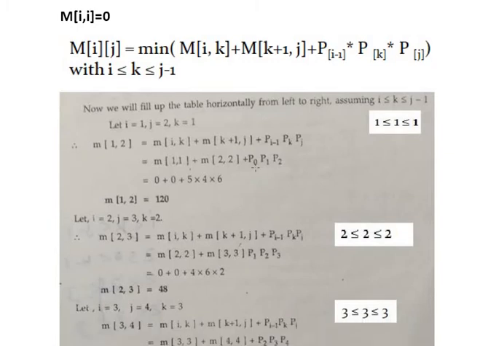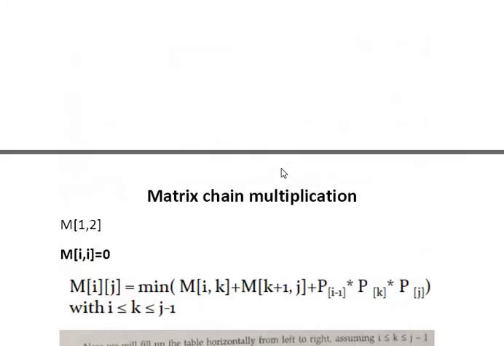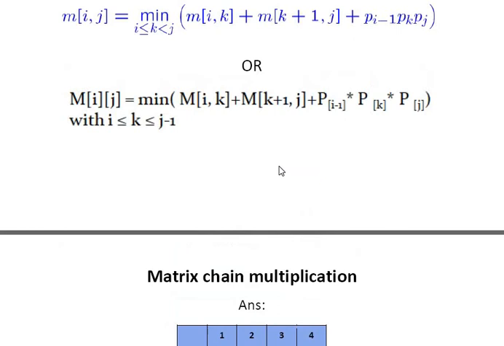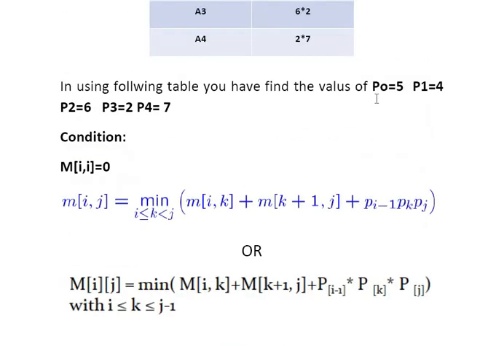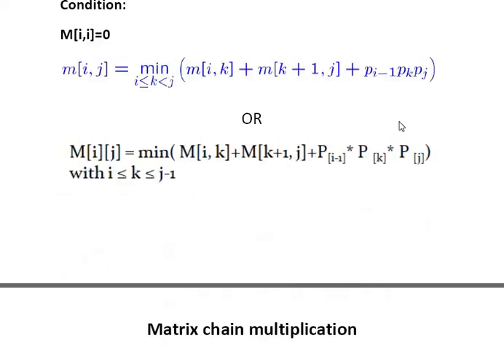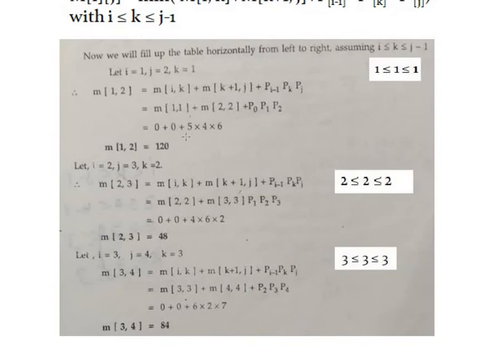Now what are P0, P1 and P2 here? So you have seen that here P0 is 5, P1 is 4, P2 is 6 and P3 is 2. So now P0 is 5, you write here P0 5, P1 4 and P2 is 6.